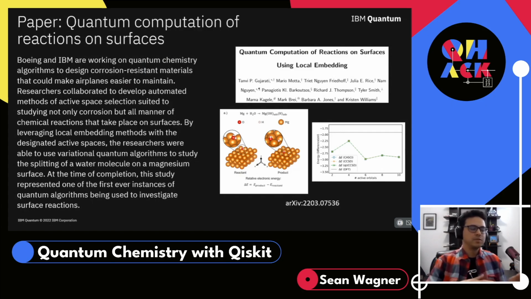And so in this case, they're interested in, okay, what happens when water interacts with, say, certain magnesium-based compounds that they use. So again, using the quantum computer, they're able to compute the energies of the magnesium at the surface, and they're able to calculate the energies of the water molecules that are interacting with that surface. And based on this information, they can better understand these mechanisms and potentially find ways to mitigate them as they develop, say, newer, more advanced materials.